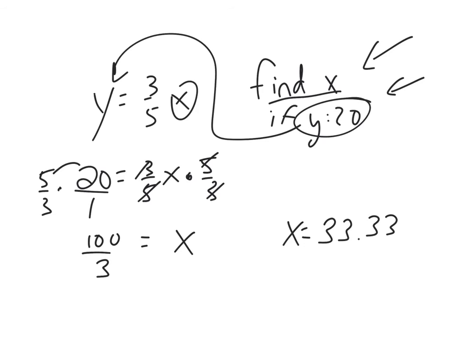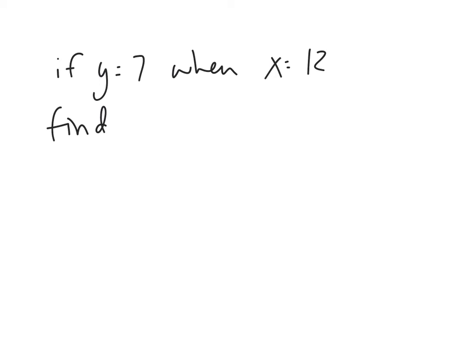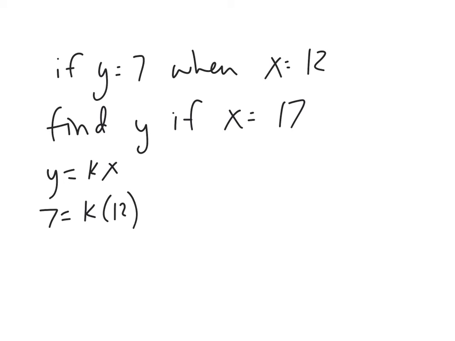So I'll do one more here. Let's say if y is 7 when x is 12, find y if x is 17, something like that. All right, so we'd start again with this, and we plug in our numbers. So if I divide by 12, k is going to be 7/12. So now I have my formula.